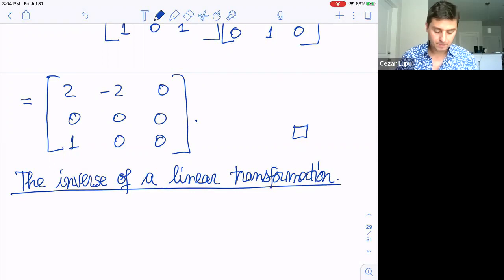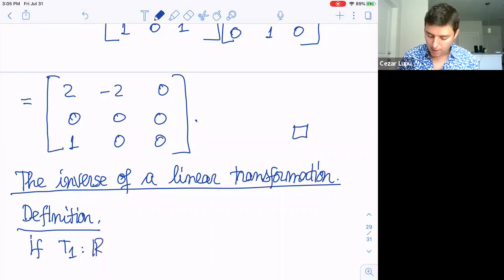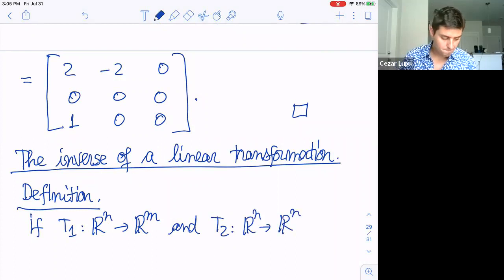Definition. Let's say I have T1 from Rn to Rm and T2 from Rn to Rn. Wait, they're from Rn.